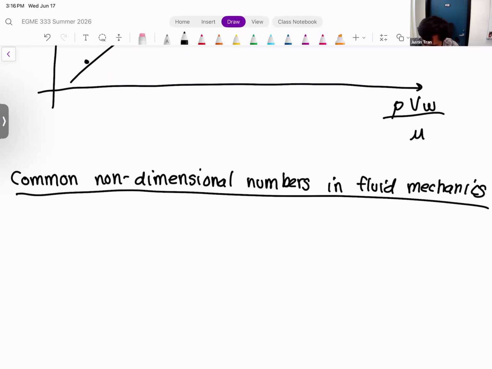Because as you've probably seen in the past couple of examples that we did yesterday, there are certain non-dimensional numbers that show up almost all the time when you talk about fluids. Okay.